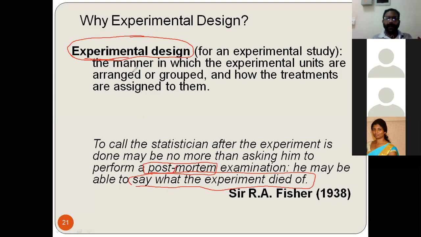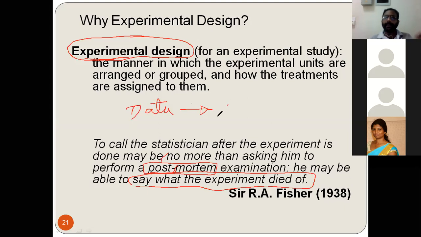If you, without having this proper experimental design, take only the outcome of the data and just bring the data to the statistician, the statistician cannot recorrect the data again. Why?